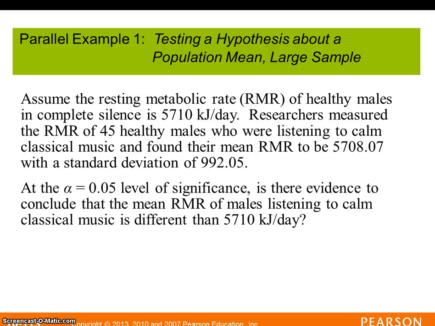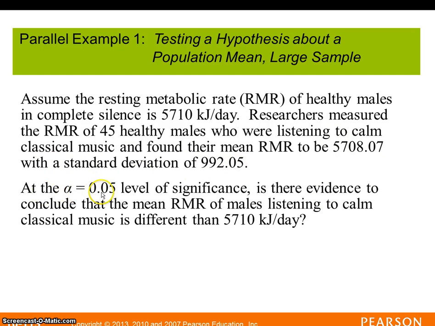As an example, let's assume that the resting metabolic rate of healthy males is about 5,710 kilojoules per day, and researchers measured the RMR of 45 healthy males and found their resting metabolic rate to be this, with a standard deviation given by this.